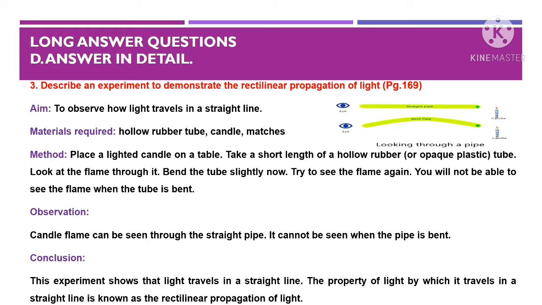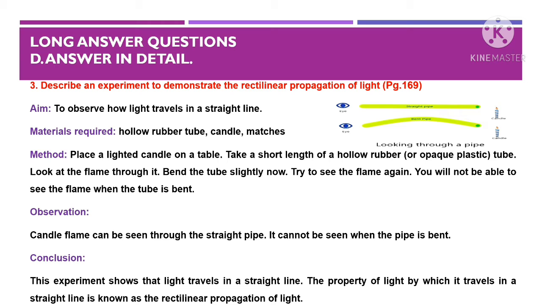Method: place a lighted candle on a table. Take a short length of a hollow rubber tube. Look at the flame through it. Bend the tube slightly now. Try to see the flame again. You will not be able to see the flame when the tube is bent.